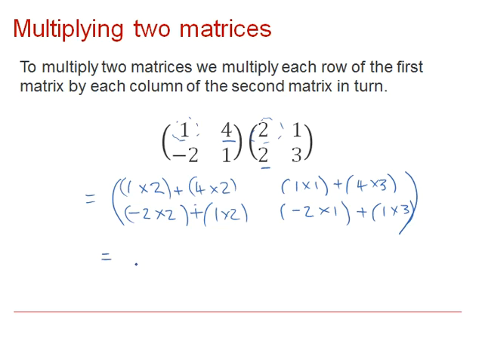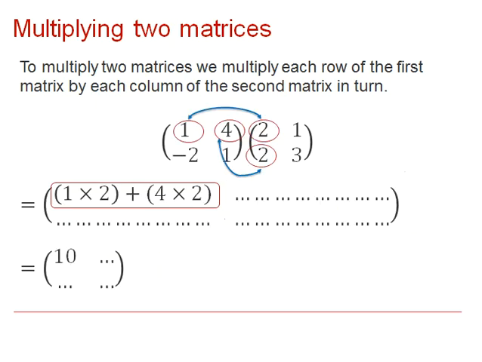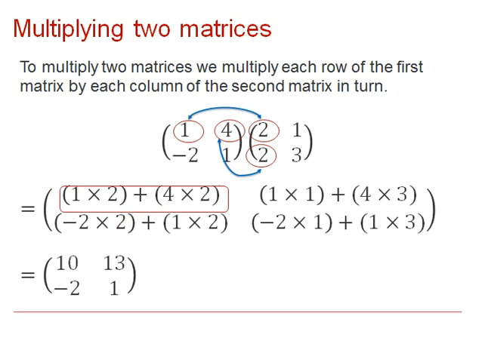When we work out those products and sum them, we will find we get 10, 13, minus 2 and 1. It may not be a great surprise to you to know that if you multiply two 2x2 matrices, you end up with a product matrix of the same size, 2x2. If you want to have a go at doing that for yourself, please pause the video now.